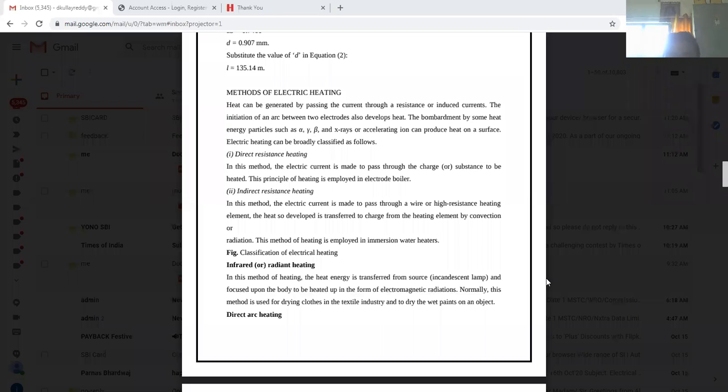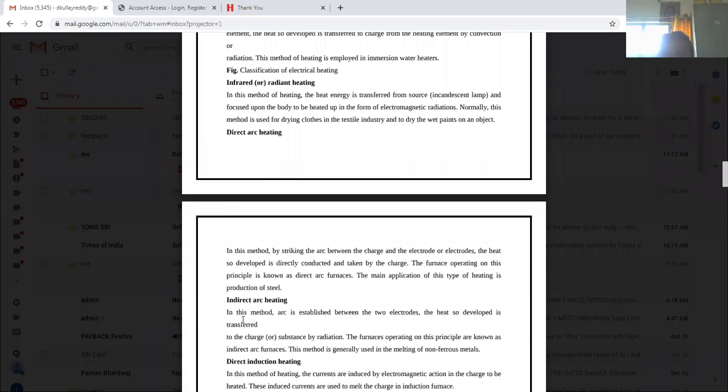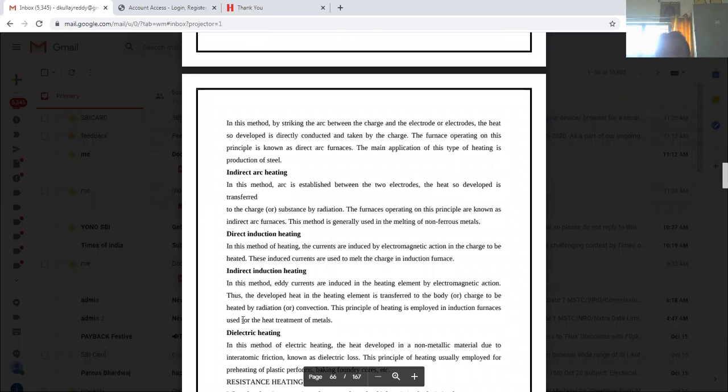The next type is direct arc heating. In this method, an arc is struck between the charge and the electrode or electrodes.